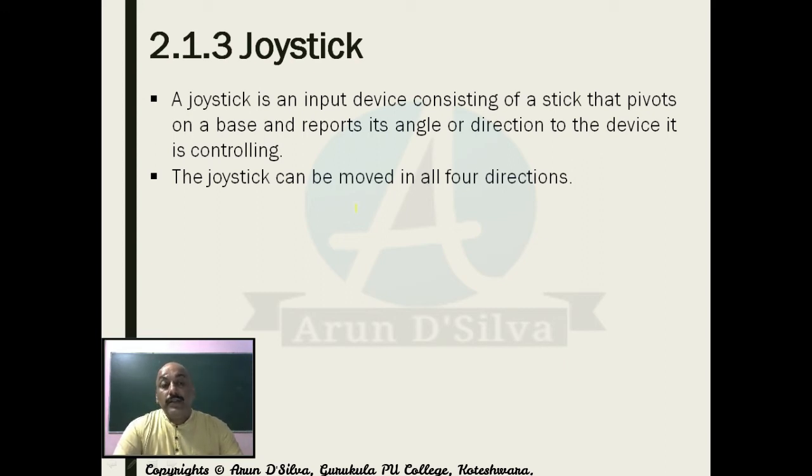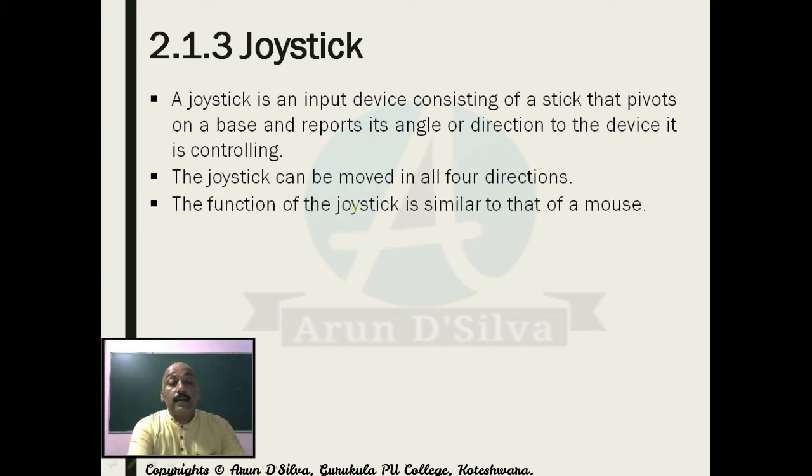The joystick can be moved in all 4 directions. Especially while playing games like car racing, by using the joystick they will turn right side, left side, forward, backward; all this is possible.